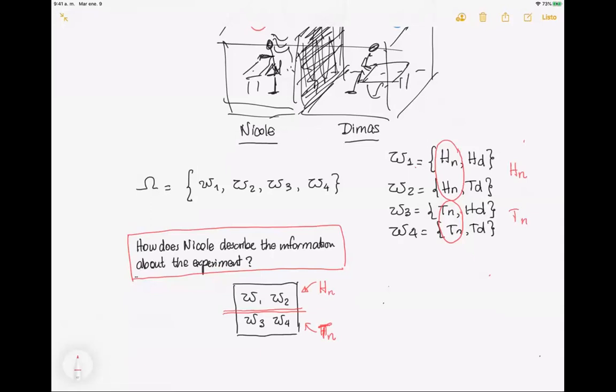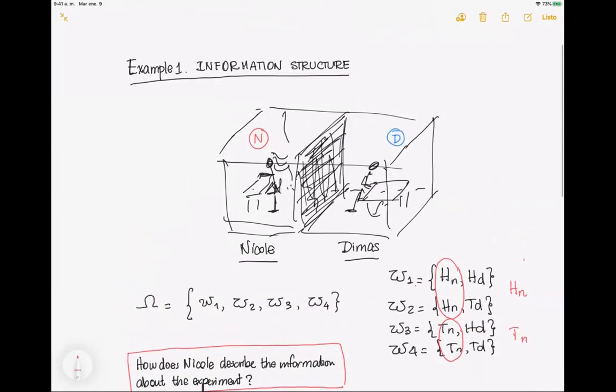So the way that she sees the experiment introduces a partition of omega, and this partition describes mathematically the situation in which Nicole is only looking at partial information.